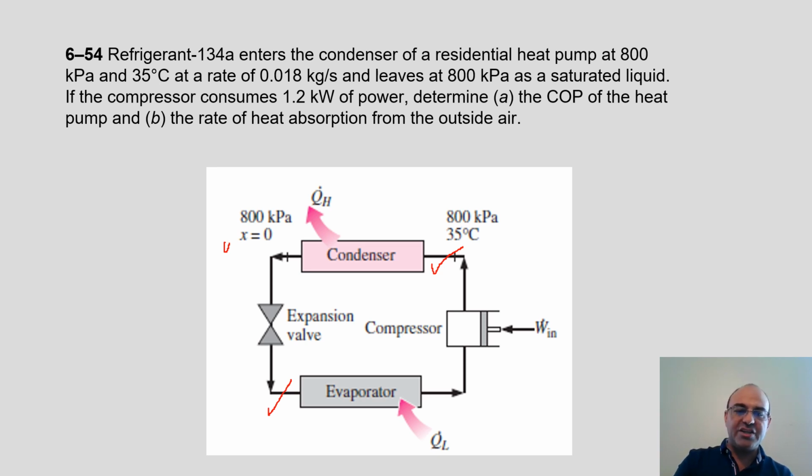And it's now ready to go to the evaporator and absorb heat from the low temperature reservoir. So it undergoes another phase change process. It absorbs a lot of heat. As a result, it can keep the refrigerated area cool.